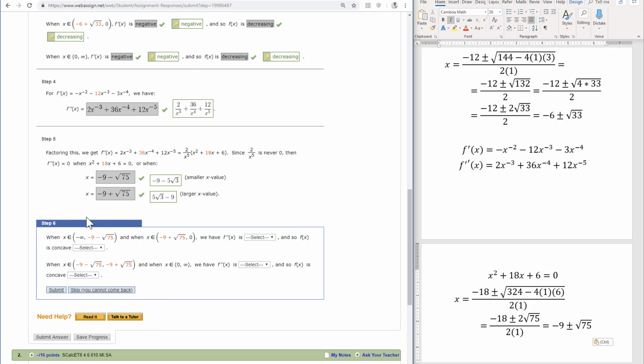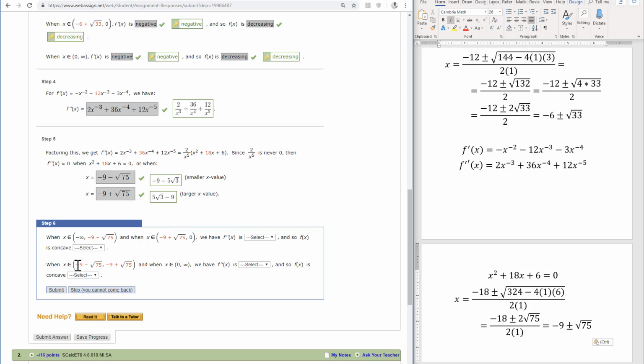All right. Now that we have the possible inflection points, by the way, 0 is also another possible inflection point, so we want to consider that. So now that we have those possible inflection points, what we're going to do is check around them. And the way they have this set up, it looks like these two will have the same signs for minus infinity to this point, and then this point to 0.